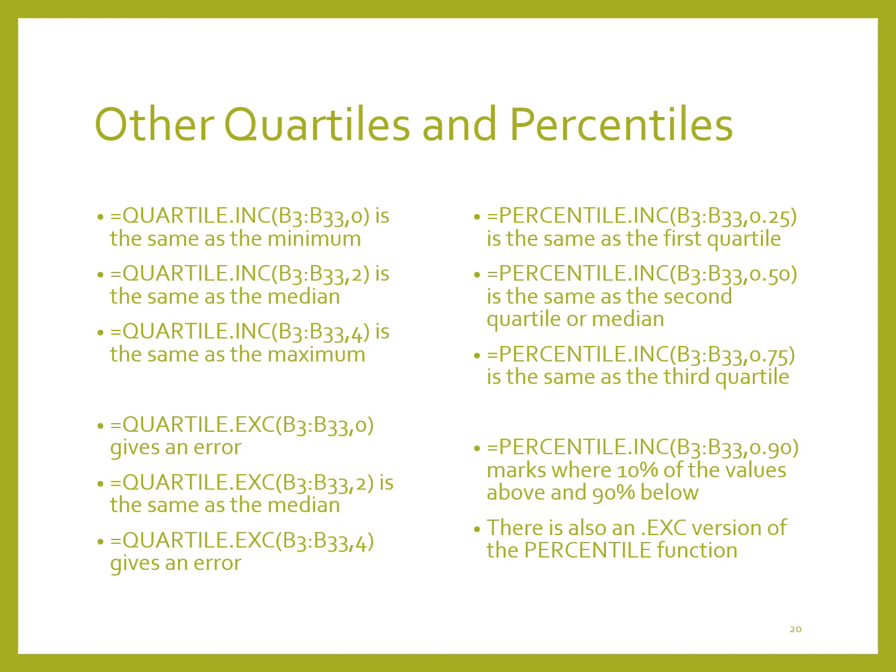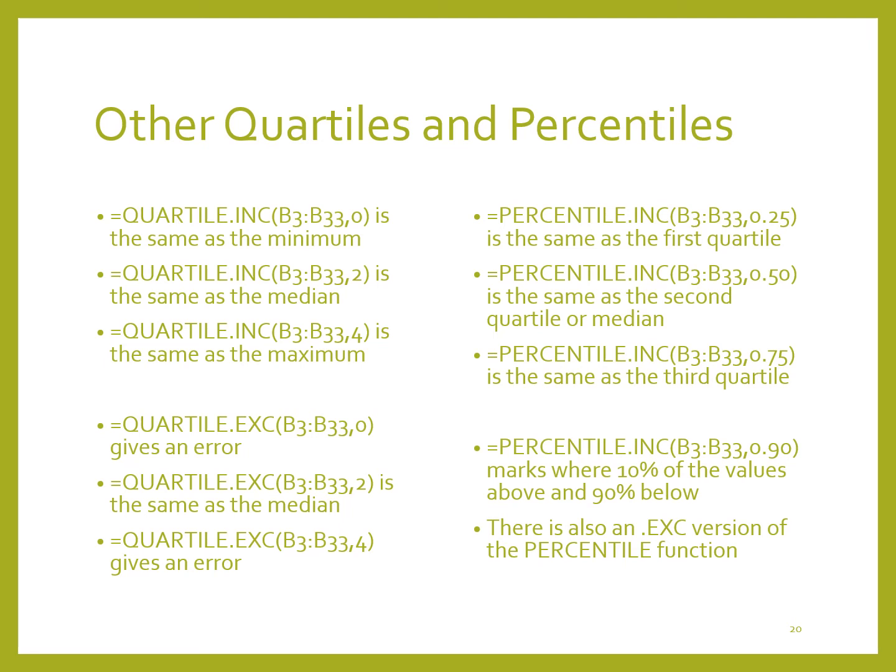So you can recover the first quartile using the percentile function, equals PERCENTILE.INC, the range B3 colon B33, and to get the first quartile, a 0.25, representing the 25% that the quartile is. To recover the median, you can use percentile with a 0.5 for 50%, and for the third quartile, a 0.75.